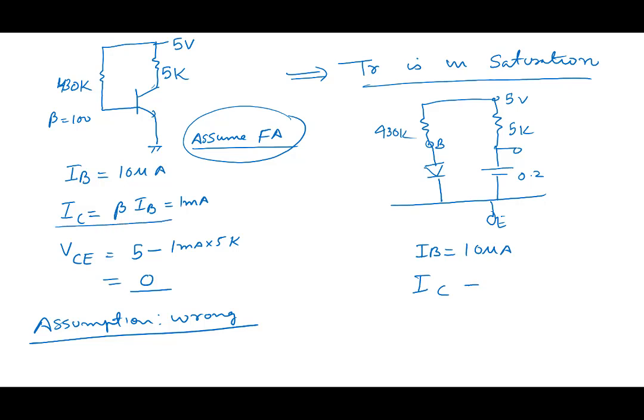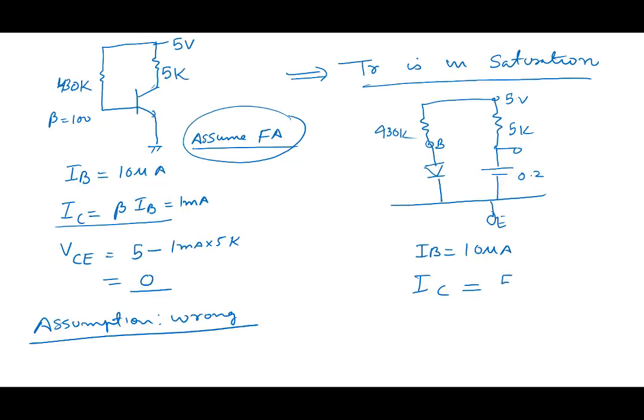Collector current according to the figure here, 5 minus 0.2. Note that we do a KVL here. 5 minus 0.2 divided by 5k. So we get 4.8 divided by 5k.